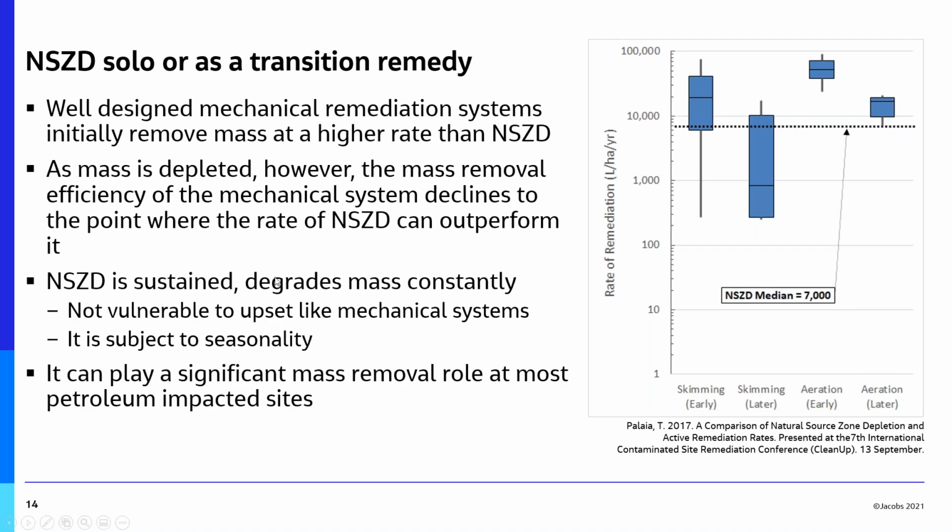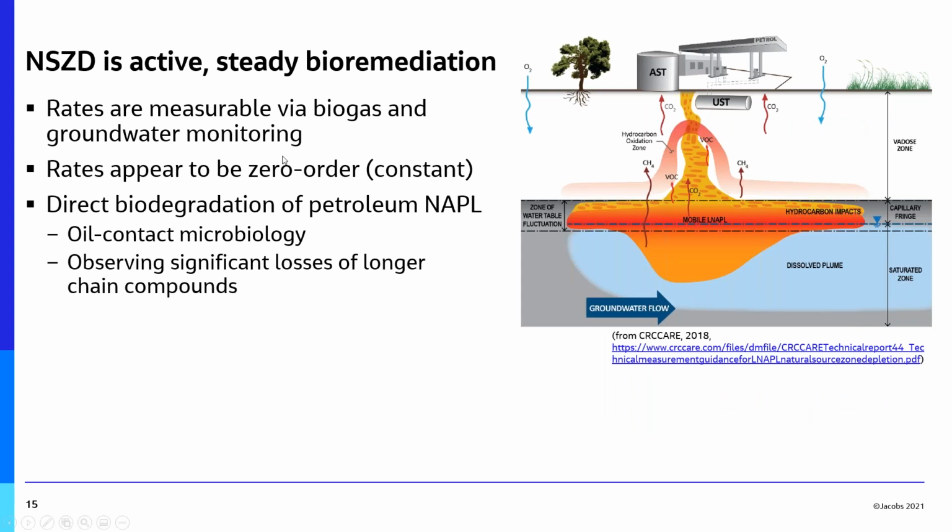So that's the unique thing of NSED. Assuming the subsurface conditions are relatively uniform through that period of time, you do get a constant rate of remediation, unlike these other systems that go up and down. So there are some real benefits there. And that's really what this next slide shows.